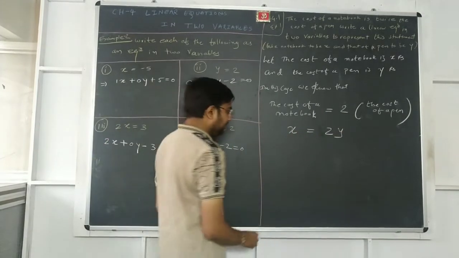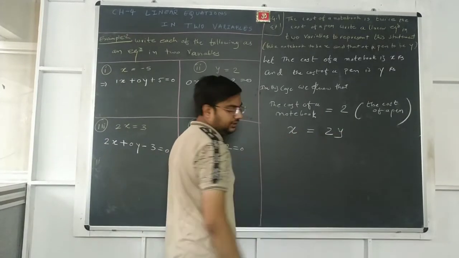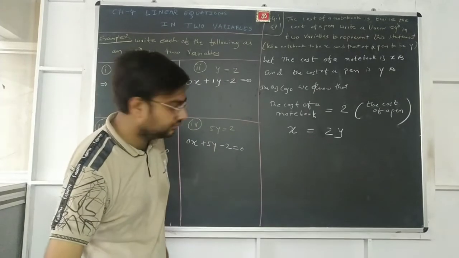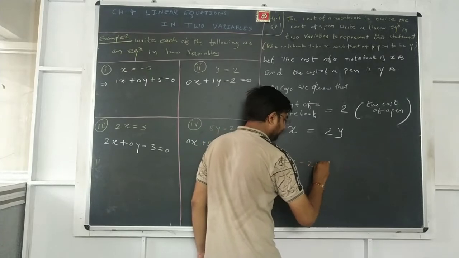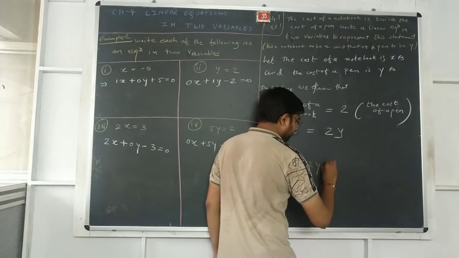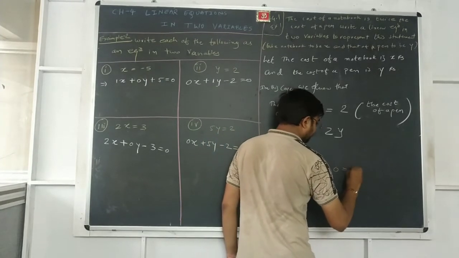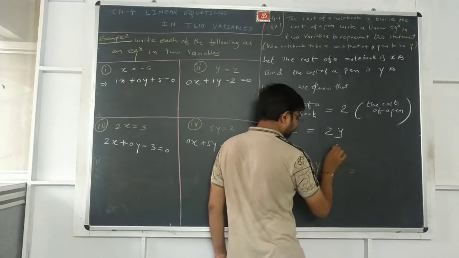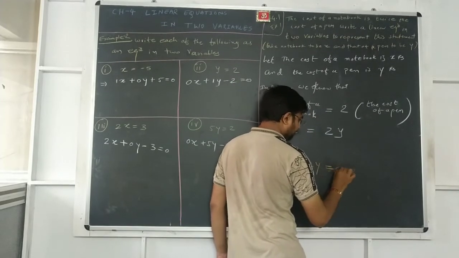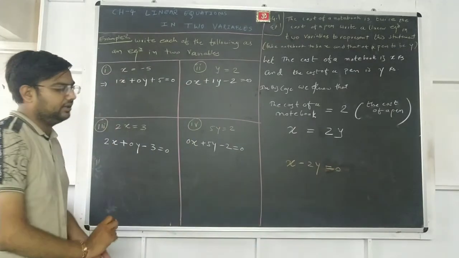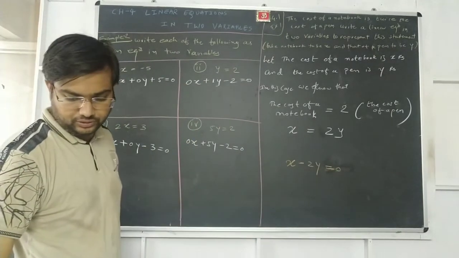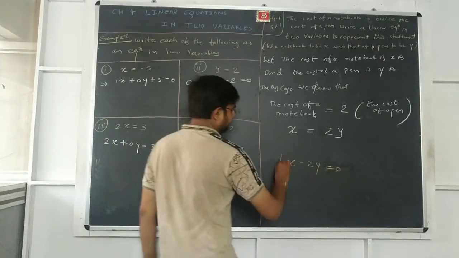Now we represent this equation as x minus 2y plus 0 is equal to 0. So x minus 2y is equal to 0. We get this equation.